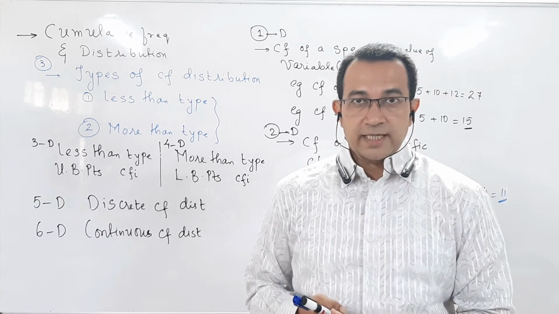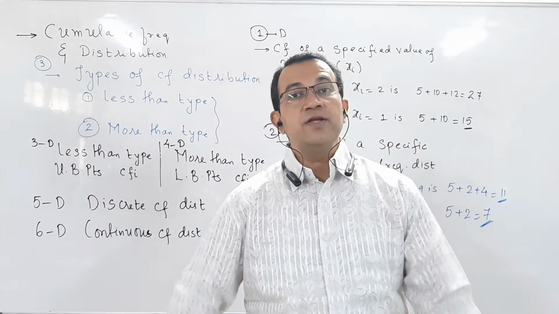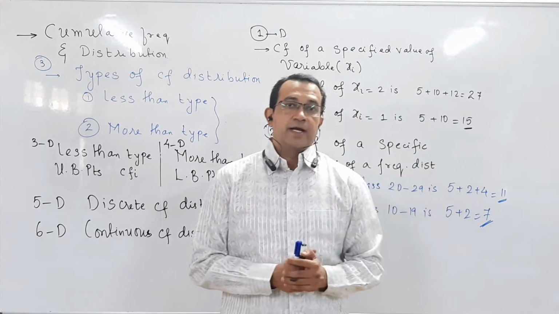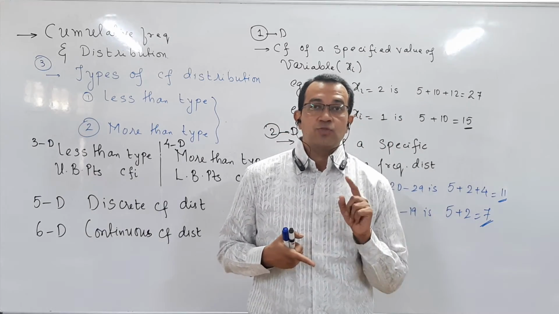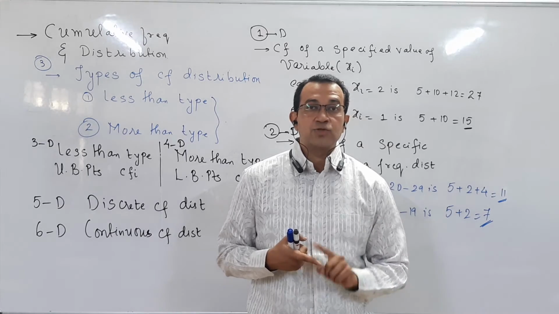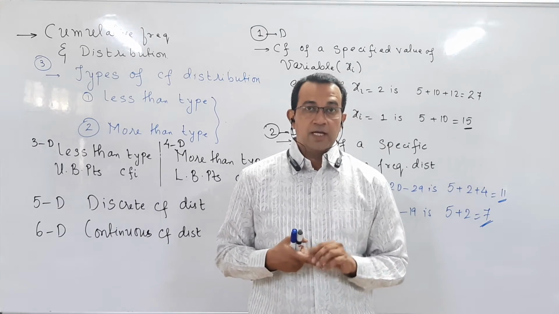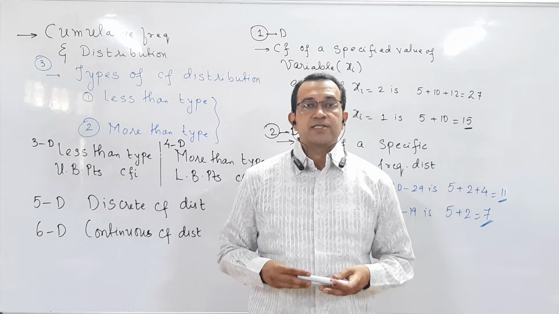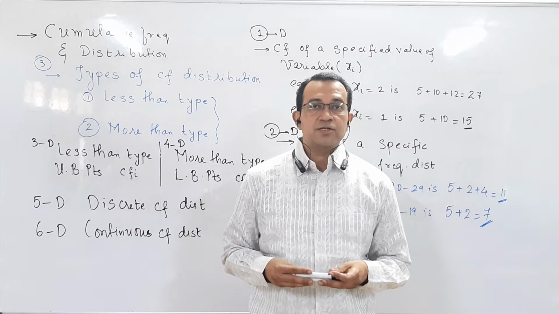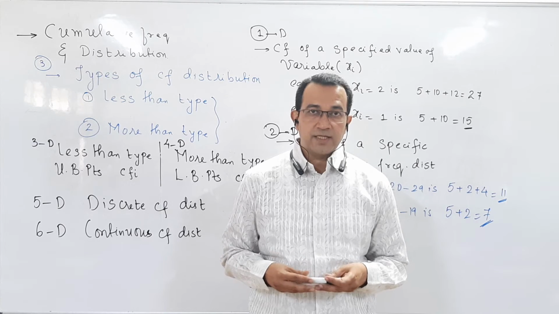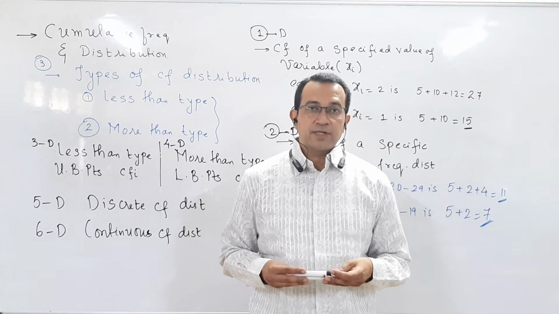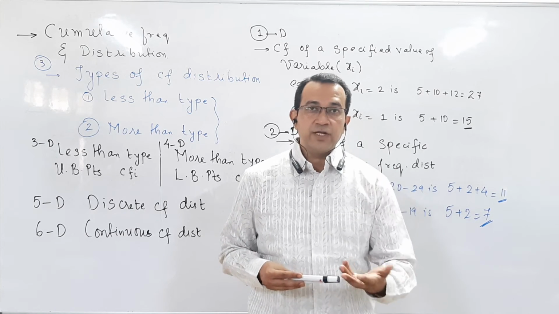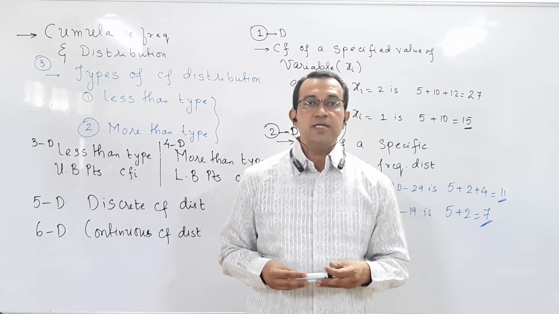So today's lecture is exclusively for concepts, and concepts, students, are to be perfectly understood and mastered. This is such a topic that it is always asked in exam. This topic, cumulative frequency, basically sums, and one definition is always asked in exam.